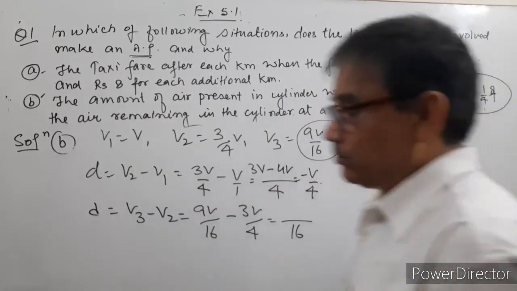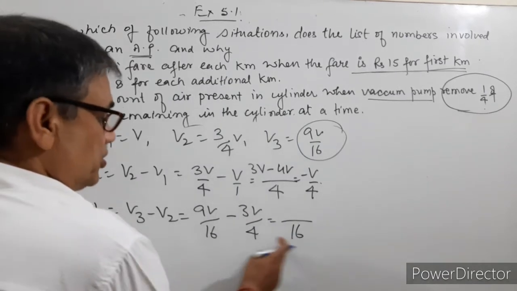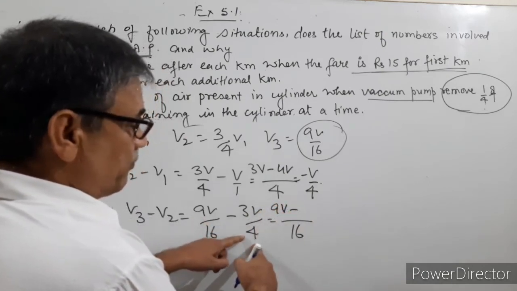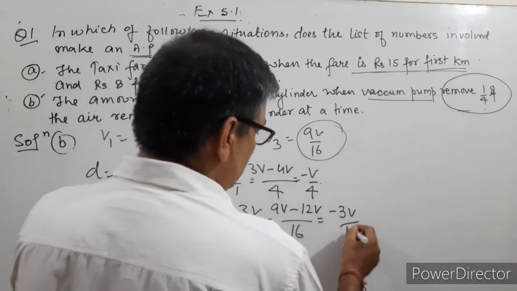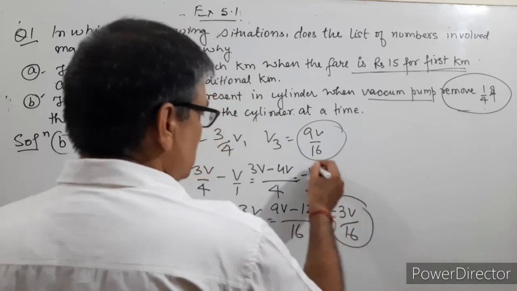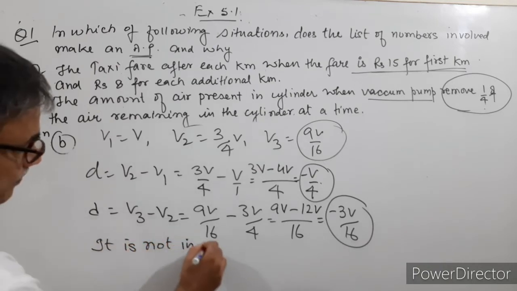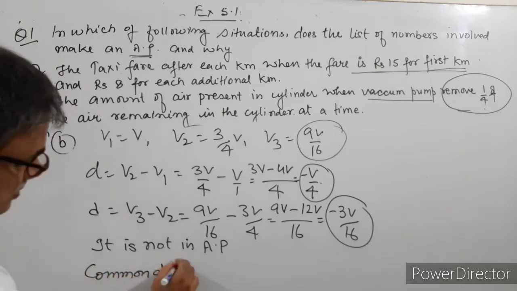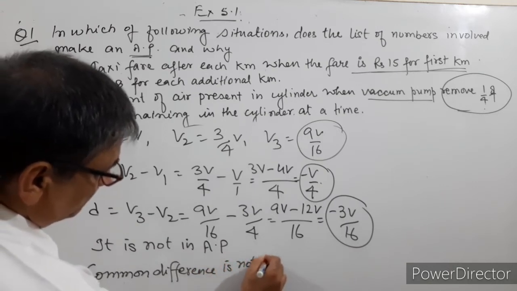Okay, do it fast. 16 divided by 16, 1 multiply 9V, 9V minus 16 divided by 4, 4 multiply 3, 12V, is equal to minus 3V upon 16. This is D and this is also D. Are both the same? No. So that means it is not in AP. Why? Because the common difference is not the same.